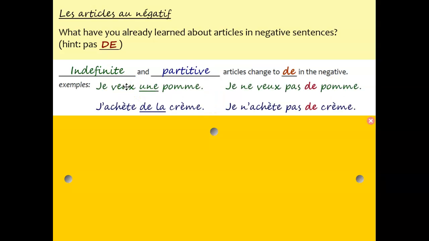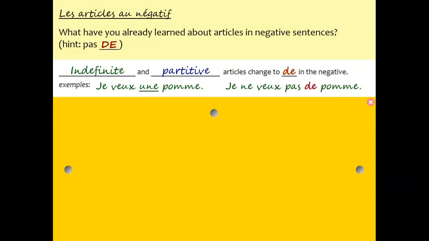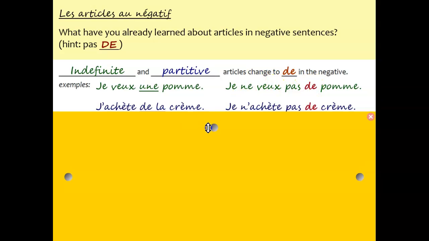So an example of this would be, we'll do one at a time here. Je veux une pomme. I want an apple. That's the positive sentence. Je ne veux pas de pomme. I do not want an apple. That's our negative sentence. So une for a or one or an in this case in a positive, but that changes to de when we make our sentence a negative.